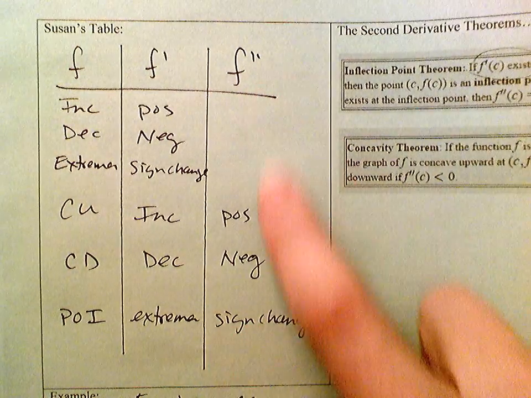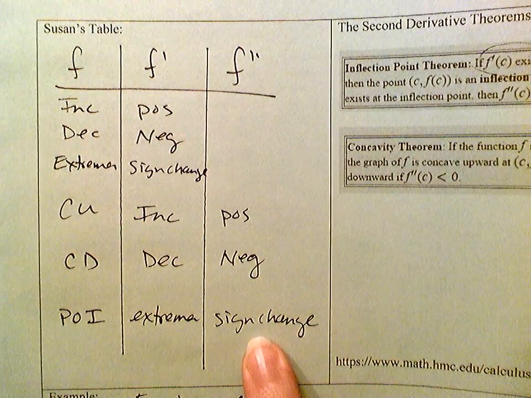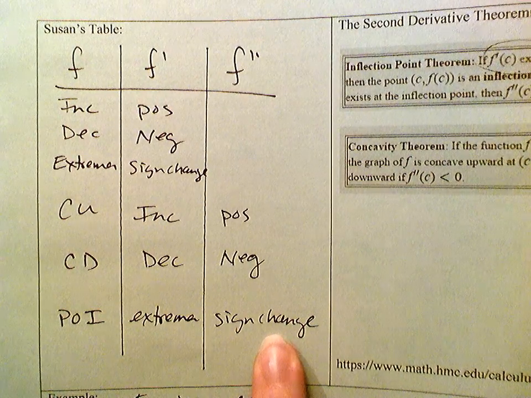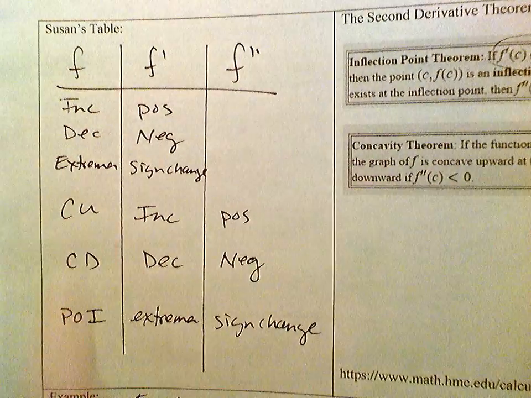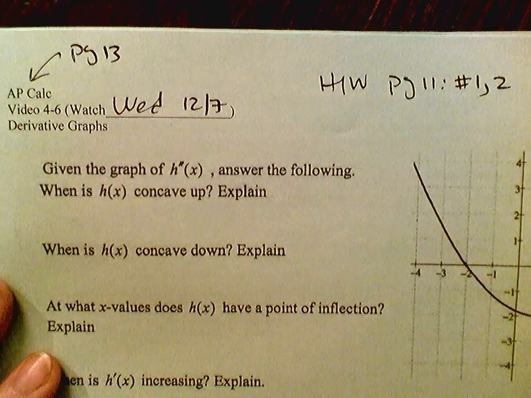Knowing that f double prime is positive versus negative or has a sign change at a certain value, these are the things we're going to be looking out for because they're going to imply the other stuff in the table. Okay, so given the graph of h double prime, answer the following, and we're going to explain everything.